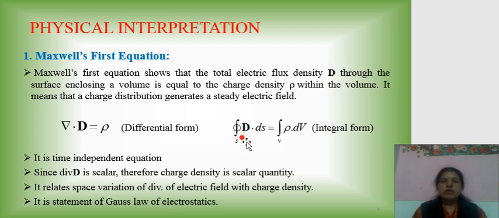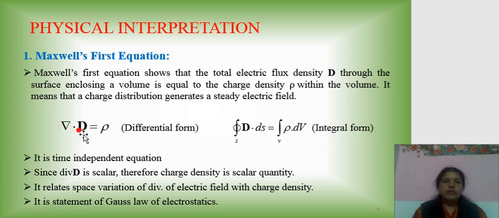It is a time independent equation. There is no term of time. Since divergence of D is a scalar, therefore charge density is a scalar quantity. Here this dot product is there. This del dot D, or you can say divergence of D, is a dot product.